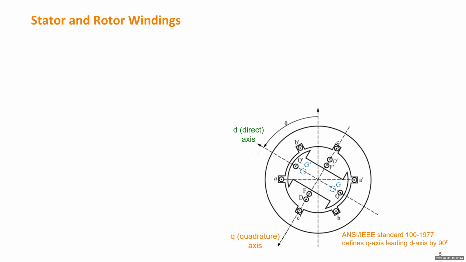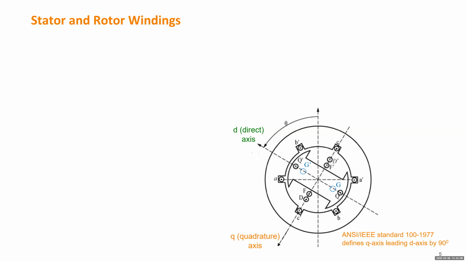So next, we're ready to model those windings in the stator or rotor of a synchronous generator. Here I draw a number of windings, and for each winding I use a pair of letters to indicate it. The convention is to use lowercase letters for stator windings: a, b, c.